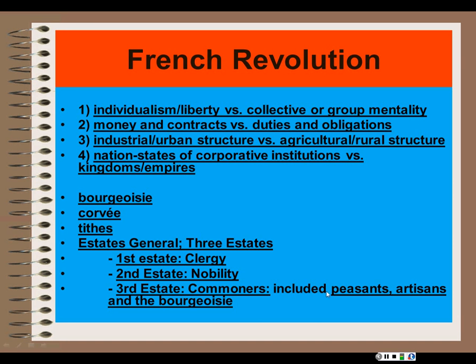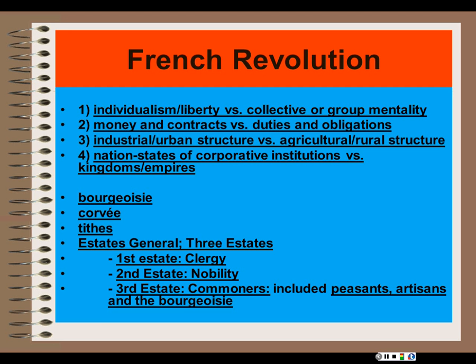But the third estate now included not only peasants and artisans, but the bourgeoisie, and the bourgeoisie did not like being down there. The number of nobles by 1789 was only 1 to 1.5% of the population of France.